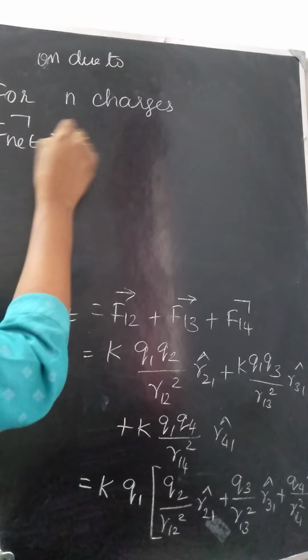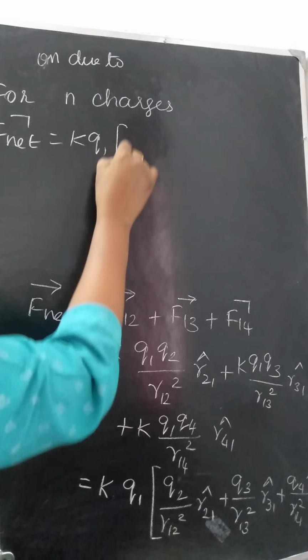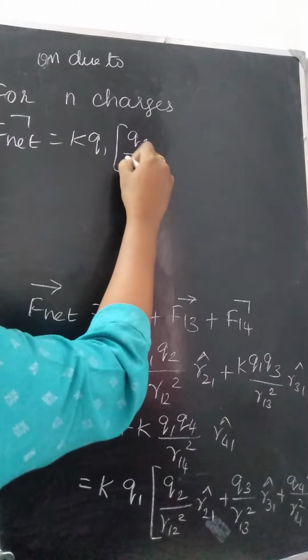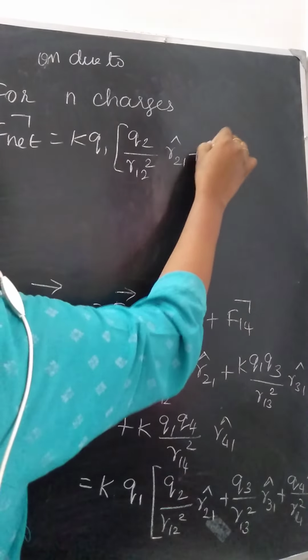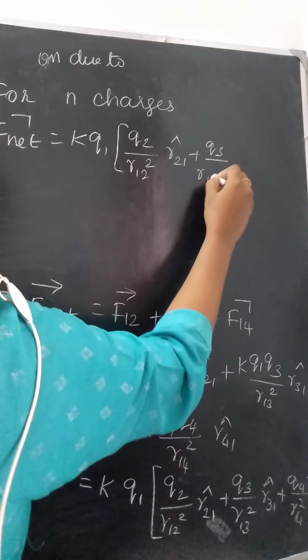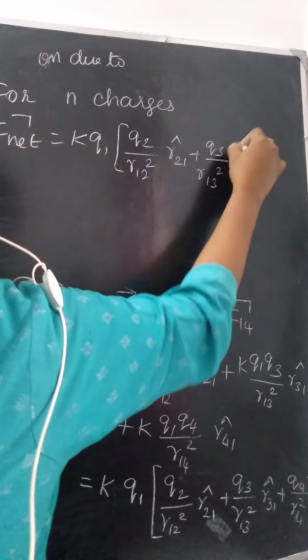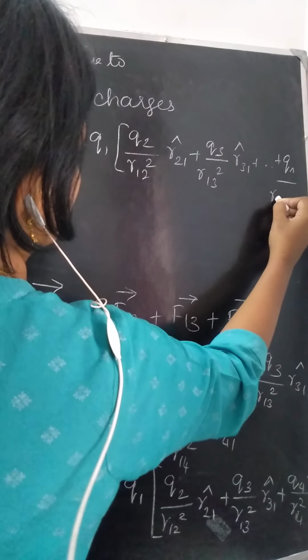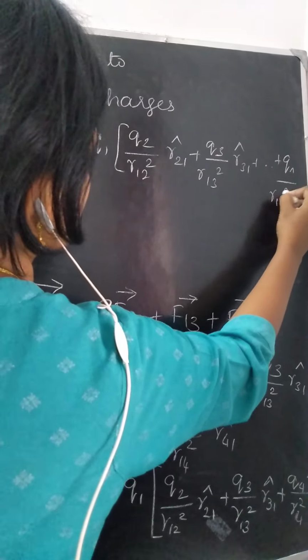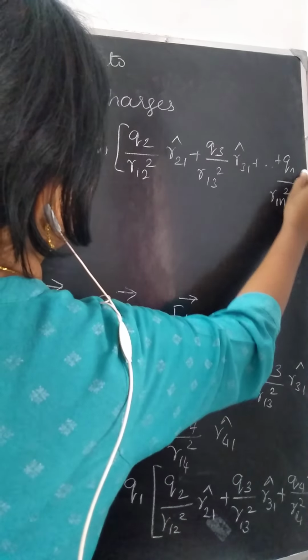F net will be equivalent to K into Q1, which is common, Q2 by R12 square into R21 cap plus Q3 divided by R13 square into R31 cap, goes on up to Qn divided by R1n square into Rn1 cap.